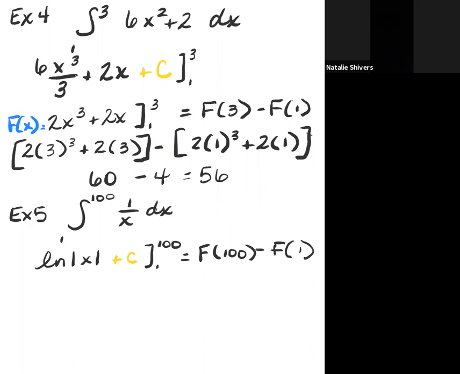Especially in this section, it will help you, but you don't have to. So this one is going to take the natural log of 100 and subtract the natural log of 1. Because these are natural logs, again, you can round. We're going to round to 2 decimal places here. I get 4.61. The natural log of 1 is 0. So we get 4.61.